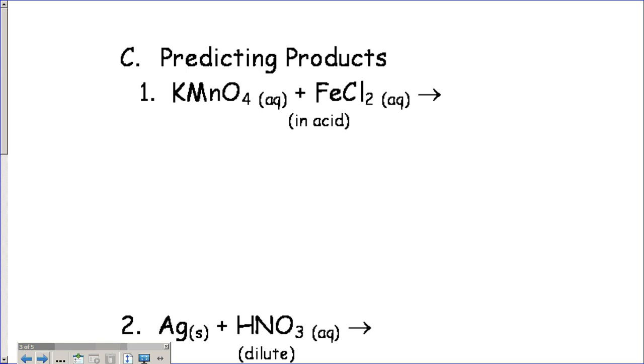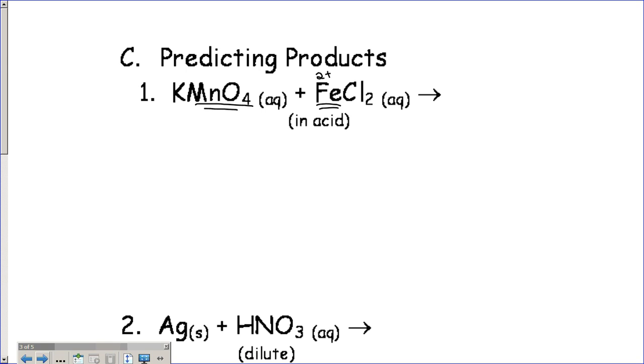So here we have a problem, and immediately I see the permanganate ion, and that just sets off an alarm in my head. Hey, this is a redox reaction. And not only do I have permanganate, I have a multivalent monoatomic cation of iron. So we know here that the oxidation state for iron is 2+.